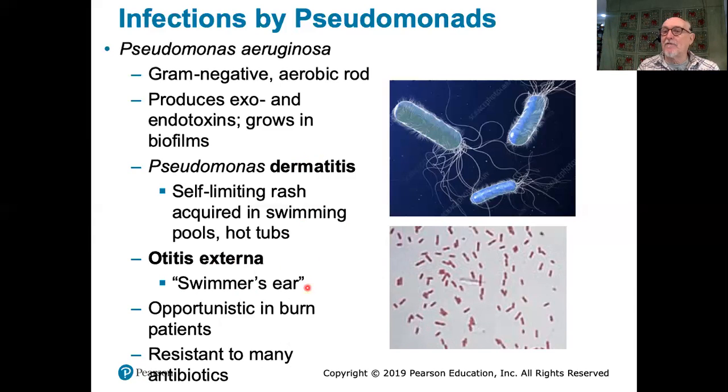That is infection of the ear canal. And again, this is relatively easily treated, largely because it's external. It's not internal, it's just causing inflammation on the surface of the ear canal. But as I say, in immunocompromised patients, Pseudomonas is very, very dangerous indeed.